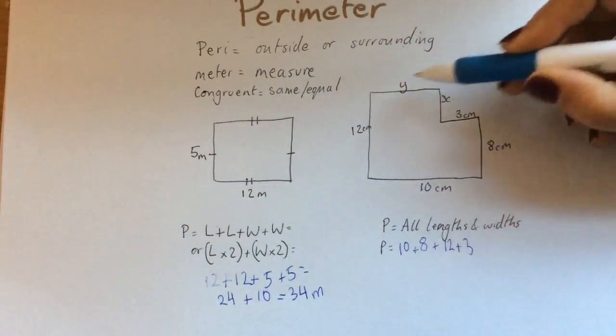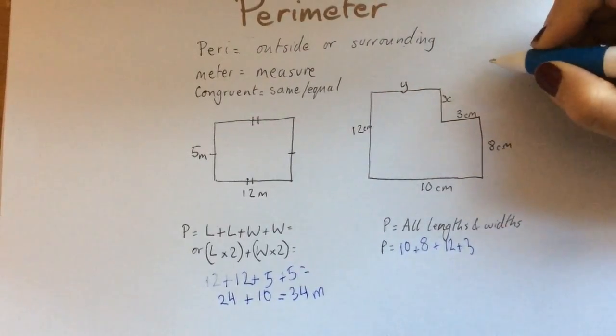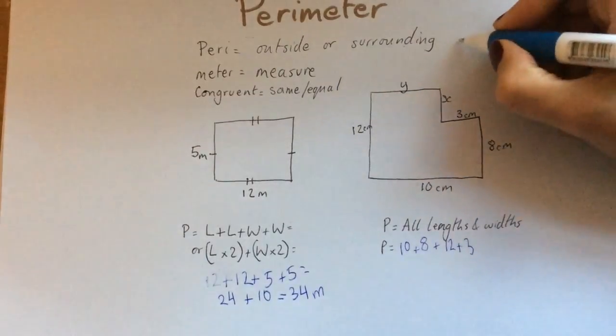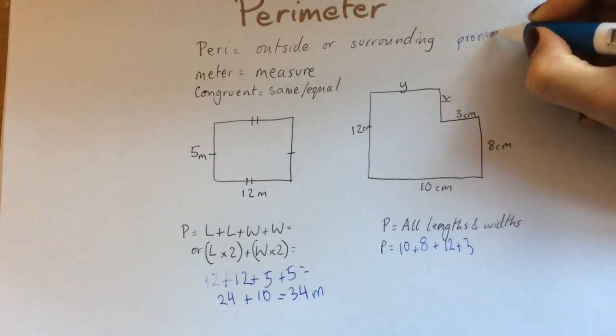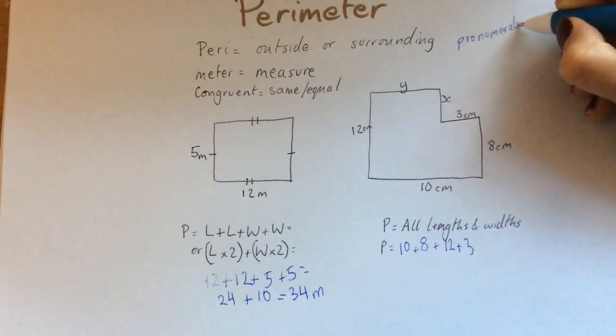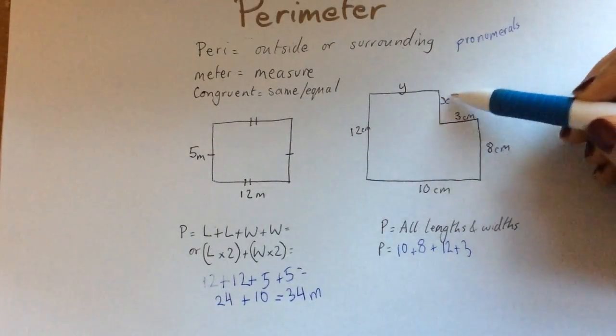And then I've got two letters here, and these are actually called pronumerals. They're called pronumerals because they actually represent a different number.